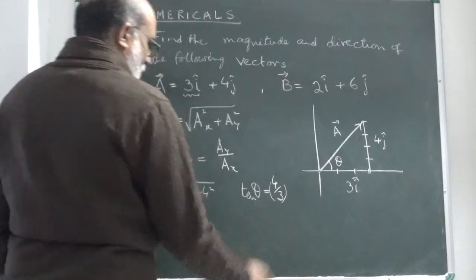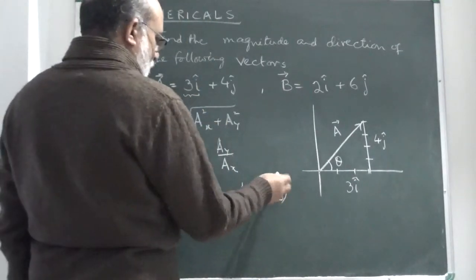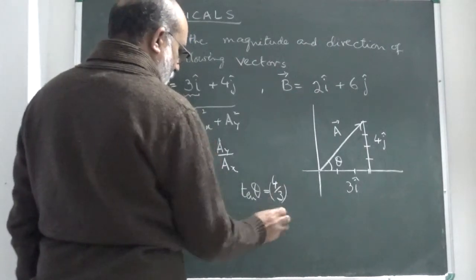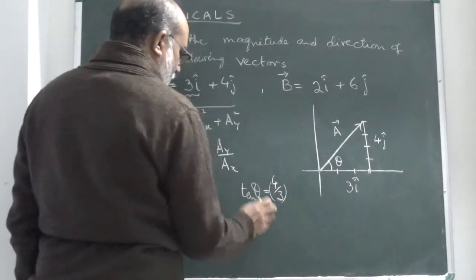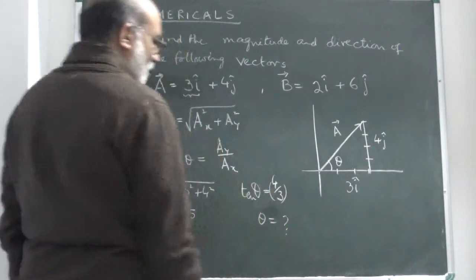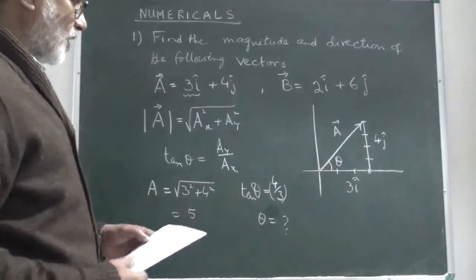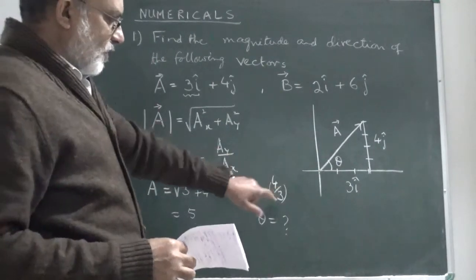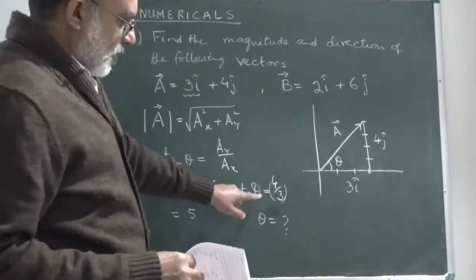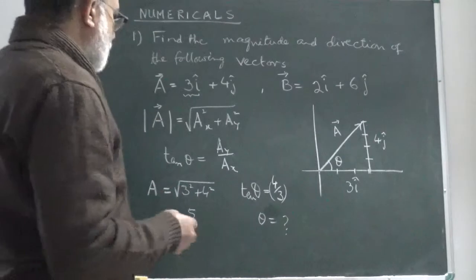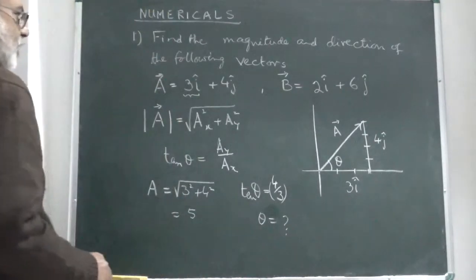So we will work this out in decimal, and from the table you will find tan theta is this much, then for which theta this refers. So this is the way to find the magnitude and direction.